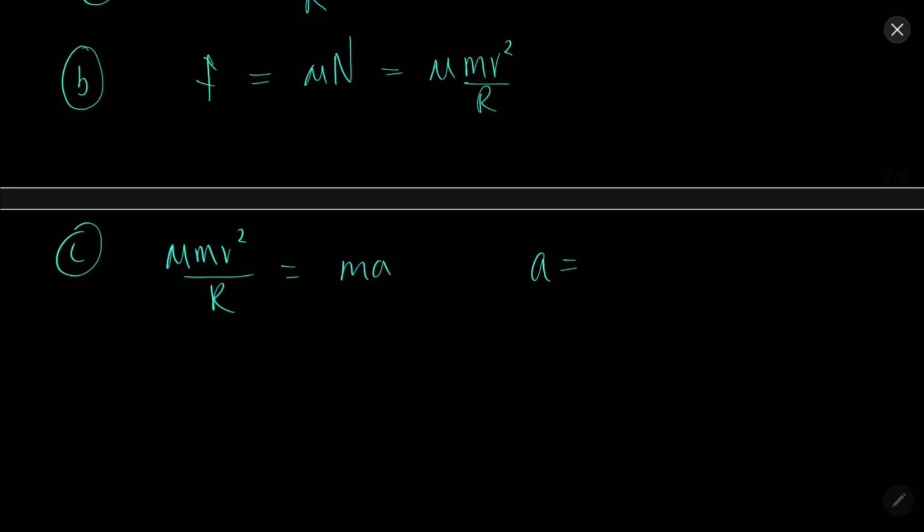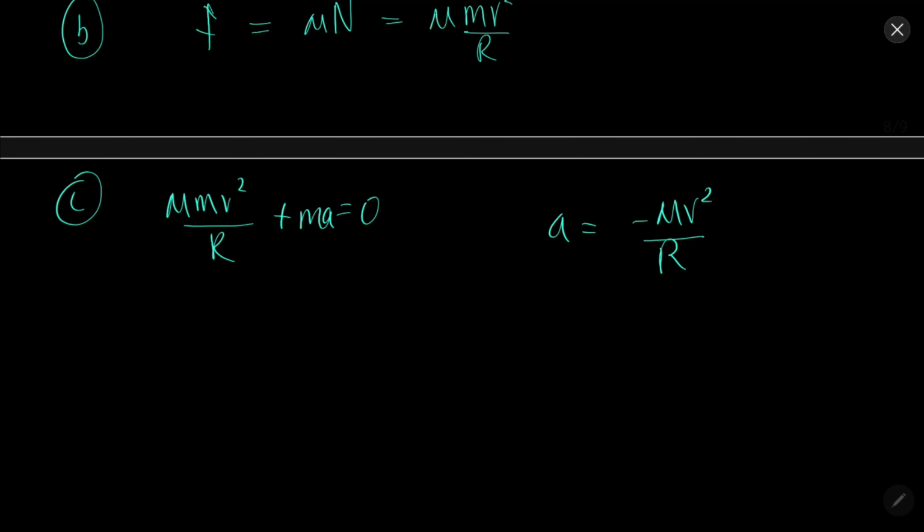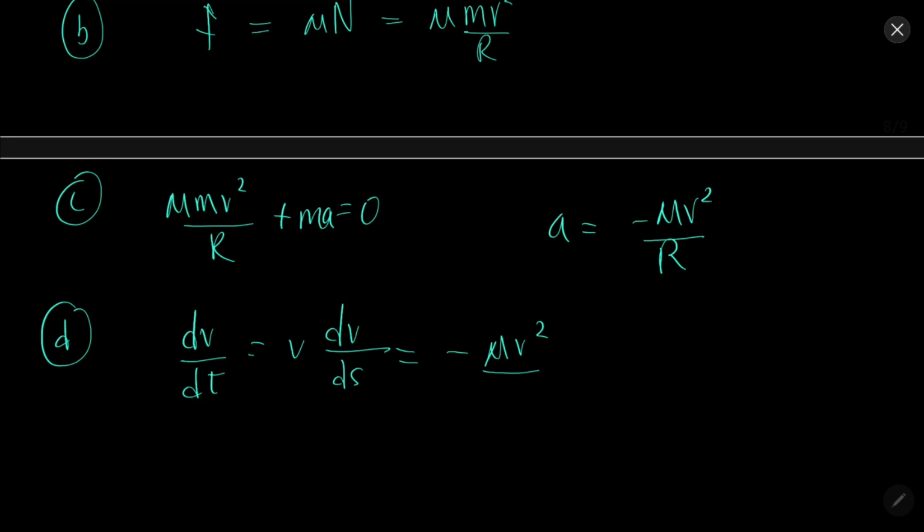So acceleration will come out to be minus mu v square over r. Then dv over dt is v dv over ds, equal to minus mu v square over r. So ds will be minus r over mu dv over v.